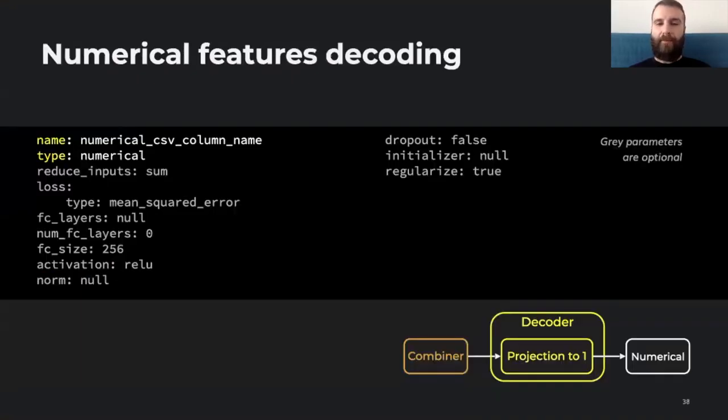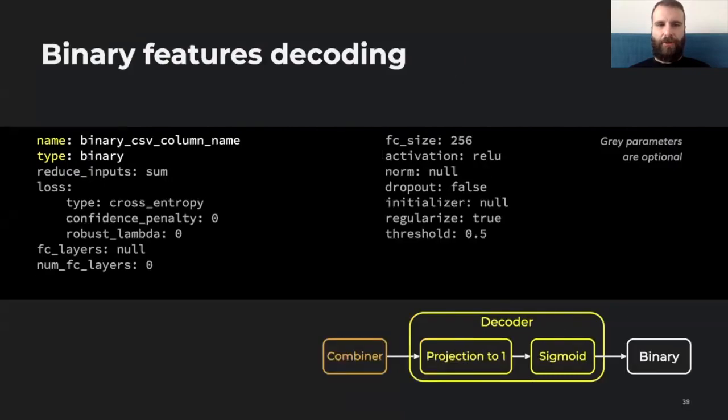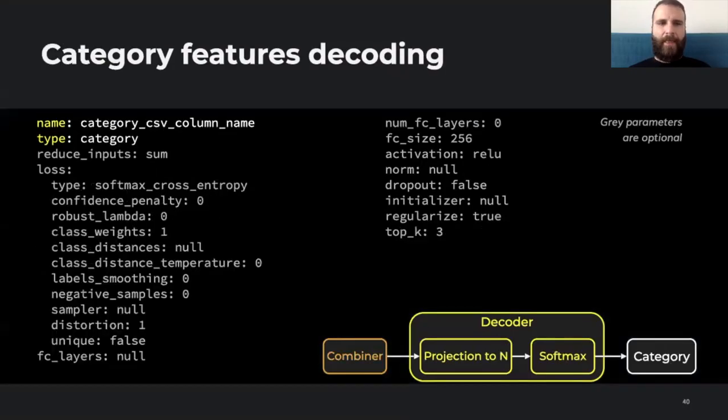Then depending on the type of the output, you can perform a different task. For numerical features, you can use them for obtaining numerical predictions, or for doing regression. And you can change the loss and all the other parameters if you want. Binary features are used for doing binary classification, and those are trained using cross entropy. And category features are used for doing multi-class classification, and those are trained by softmax cross entropy.